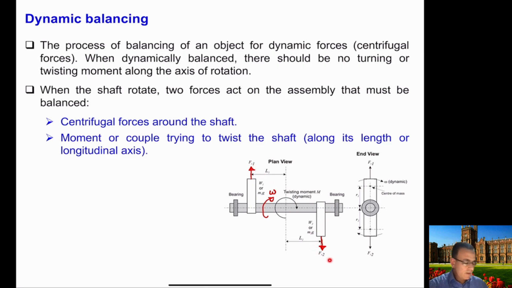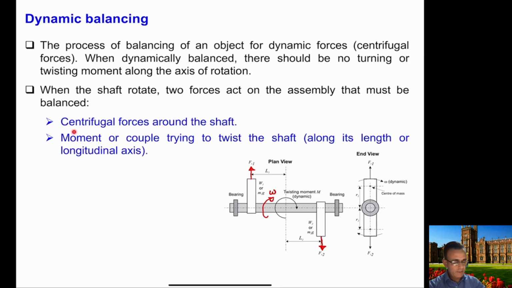But in addition to these centrifugal forces, as you can see, they will also create this couple here, because one force is here and one force is here. This can create a twisting moment along the axis of the shaft. So if the shaft rotates, two forces act on the assembly that must be balanced.